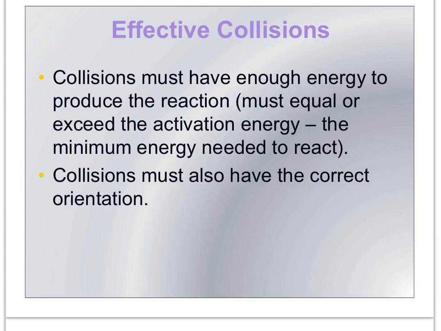So if you remember from our energy diagram, if I have, let's say, the potential energy here in time, and let's say it's an endothermic process. Your activation energy is from where the reactants are to the top of the hill, right here. What that means is that those reactant particles need to collide with enough energy to surpass this activation energy barrier.